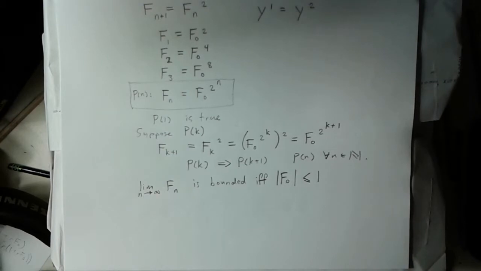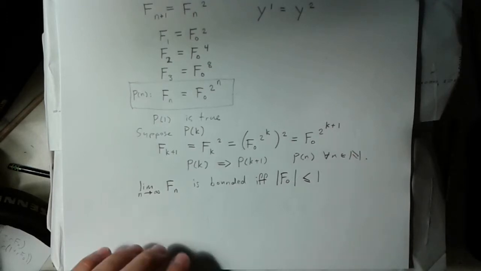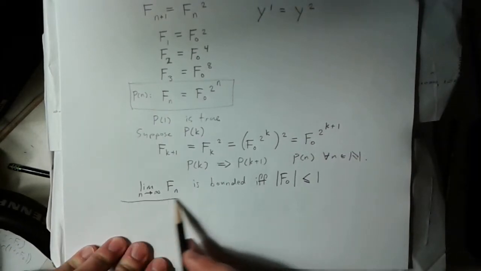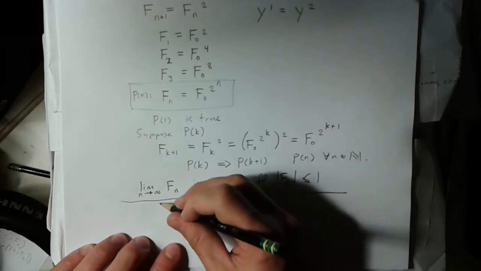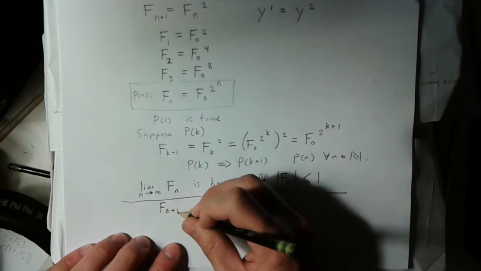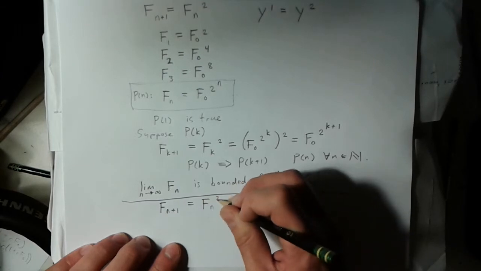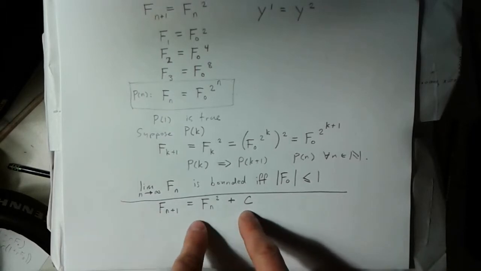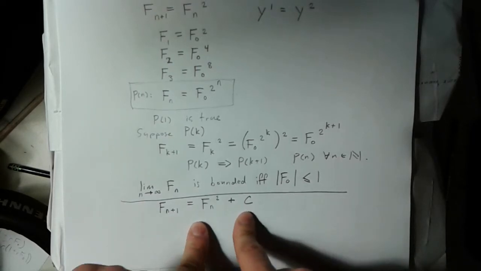And the only reason I'm mentioning this is because there is a related thing to this called Julia sets, and then there's this thing called the Mandelbrot set, which you may have heard of. And I'm not going to talk too much about them because I don't know that much about them. But I can tell you that if we make a slight alteration to this recurrence relation, and we look at the recurrence relation fn plus 1 is equal to fn squared plus a constant, then first of all, this one can no longer be solved using guessing, and you can try that out.